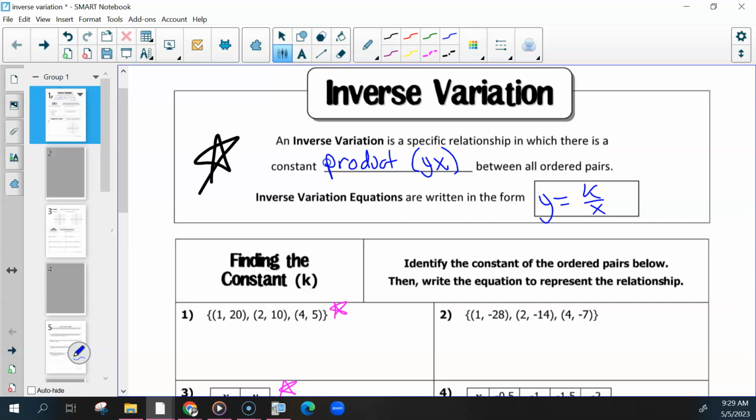Same as before, if we wanted to solve for k, what would we do to get k by itself? Multiply both sides by x.